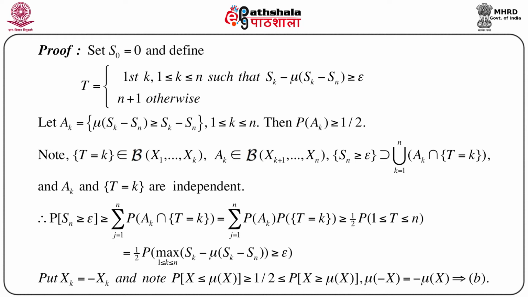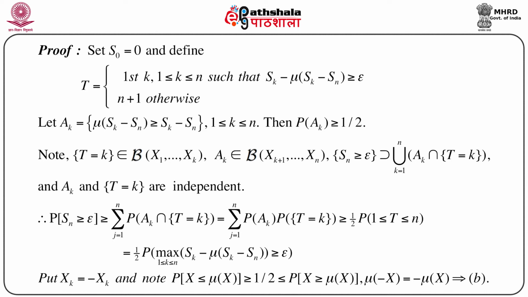So that is the beauty of this proof. The way we define T immediately implies the independence of A_k and T, which in turn defines another event with respect to T, which in turn gives the final inequality. So from here we get the Levy inequality.